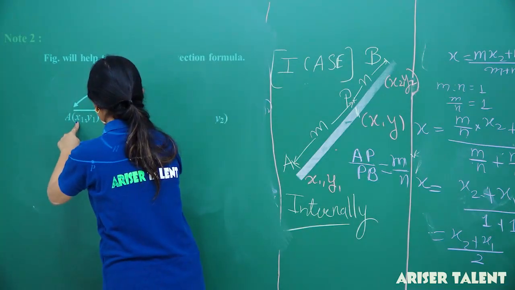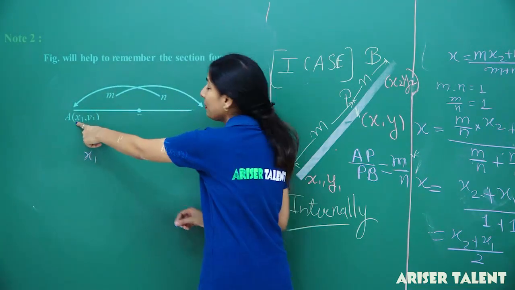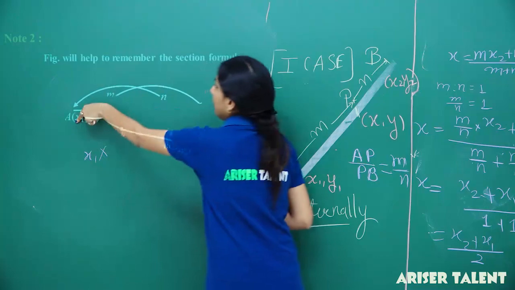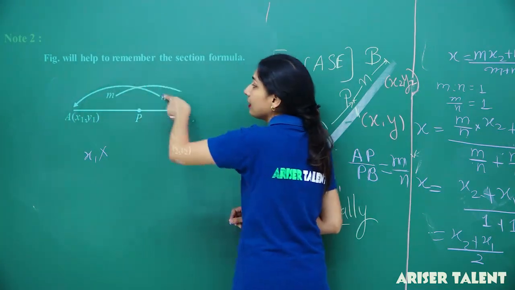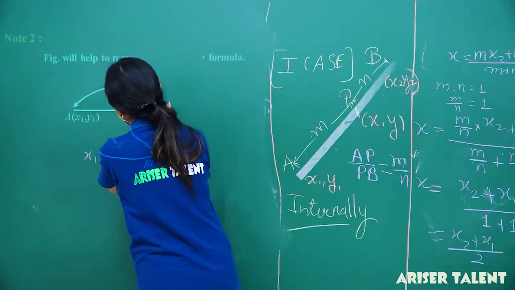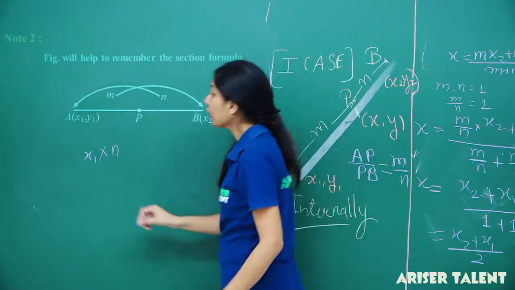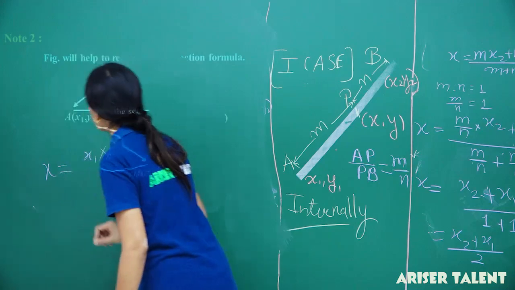Now what will you write? X1. Okay, X1 multiplied by, this line comes here at N. So multiply by N. Now I am talking about what? Abscissa. So I will consider only abscissa.